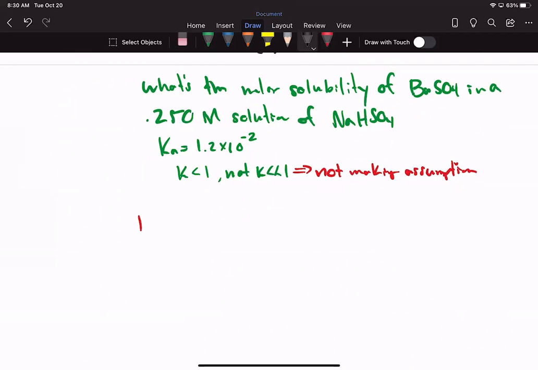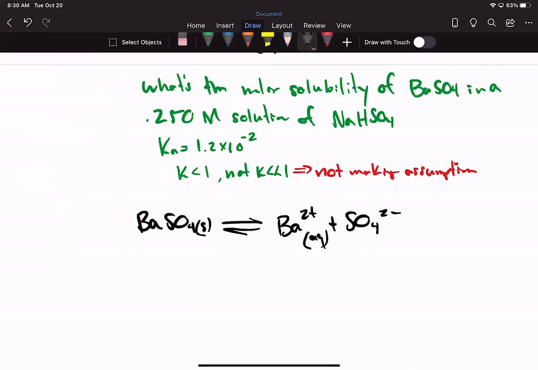So the first reaction we're going to need is barium sulfate, as a solid. Then we're going to need a second reaction here. Sodium's a spectator ion. We're going to put this in water.